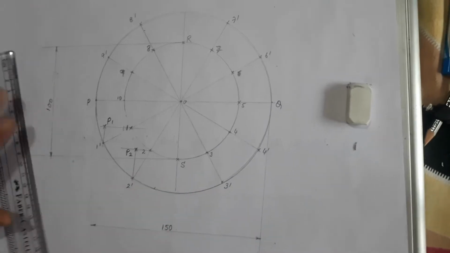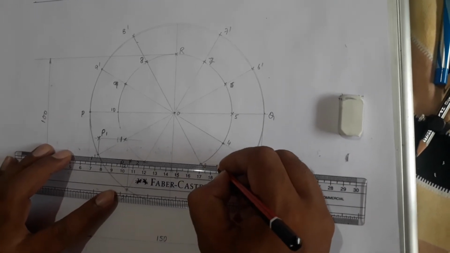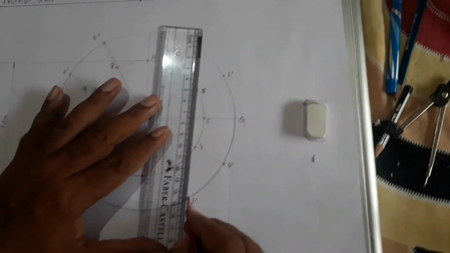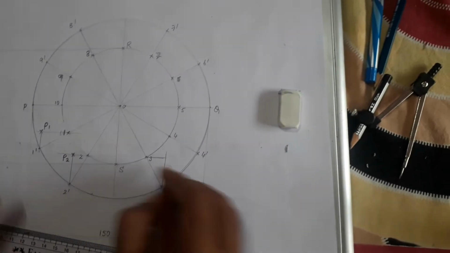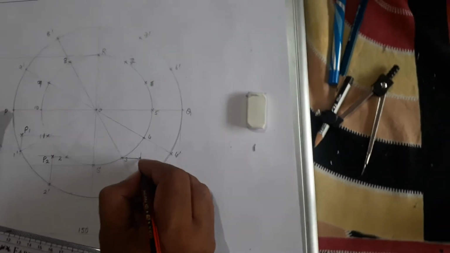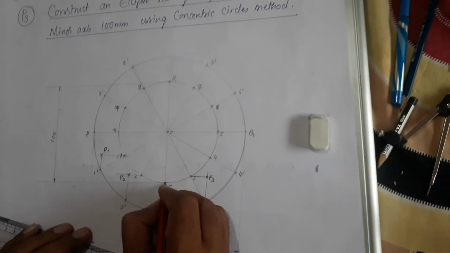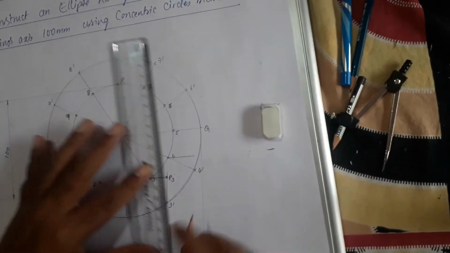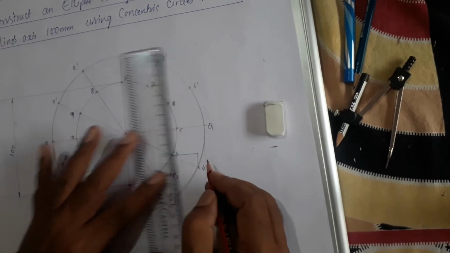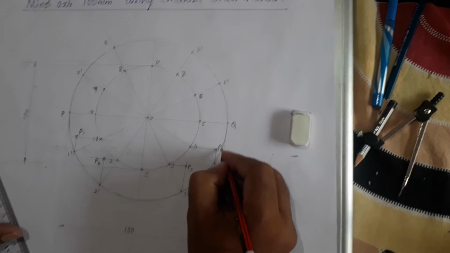Now coming to 3. From 3, draw a horizontal line towards the right side, and from 3 dash, draw a vertical line. They coincide at one point. Call this P3. From 4, draw a horizontal line, and from 4 dash, draw a vertical line. Call this point P4.